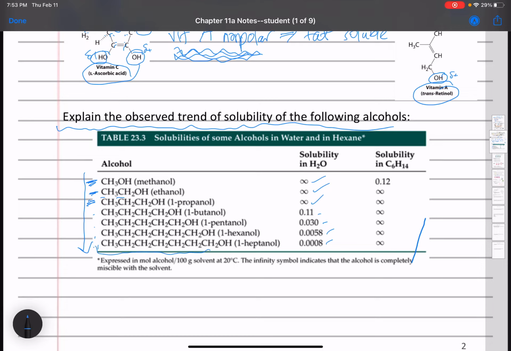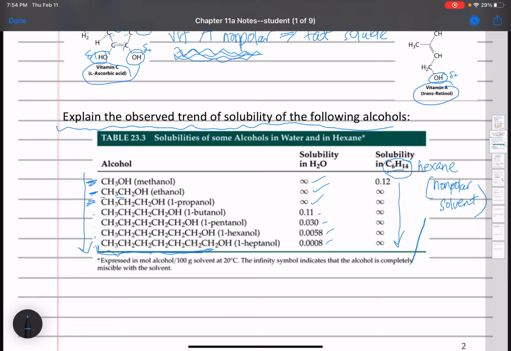And as those nonpolar carbon-hydrogen regions get larger and larger, they become more soluble in hexane, which is just carbon and hydrogen and is very nonpolar. This is called hexane. Hexane is a classic nonpolar solvent.